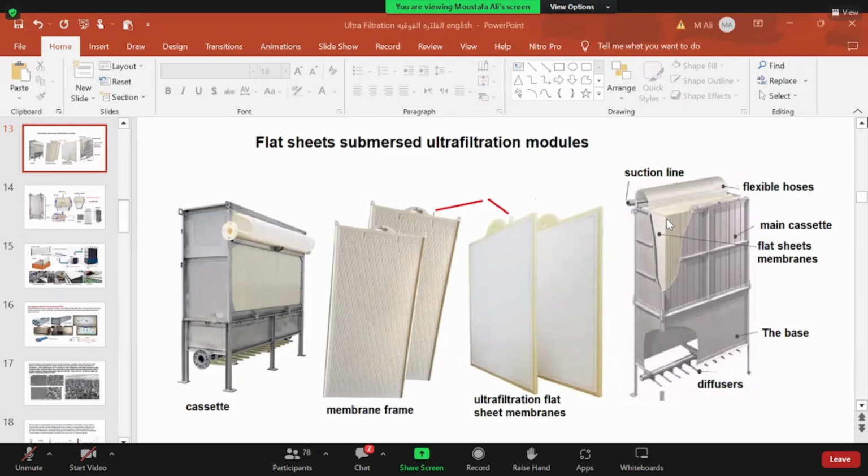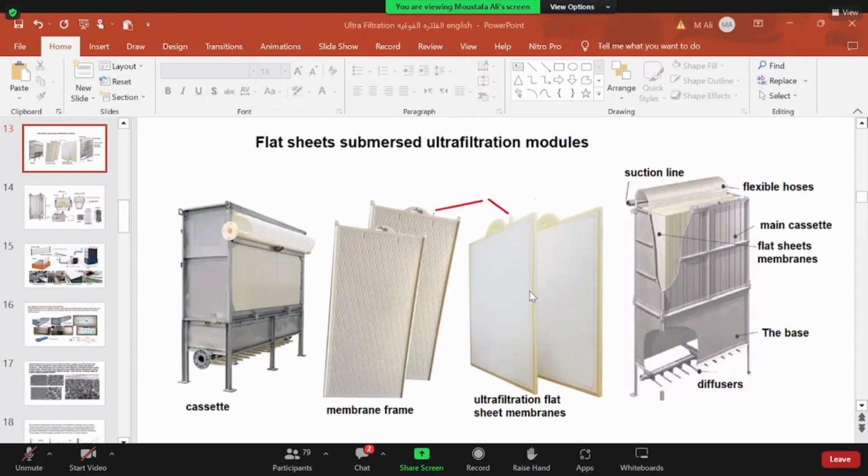For wastewater treatment, it is a little bit wider space between the membrane sheets itself. If it is used for chemical separation, pharmaceutical industries or any other application, it can be, as I said, a smaller gap or distance between two successive plates.